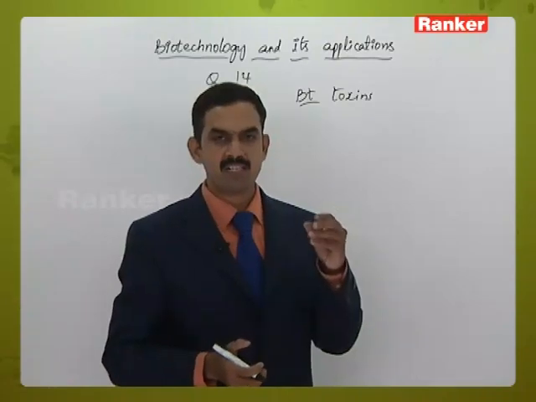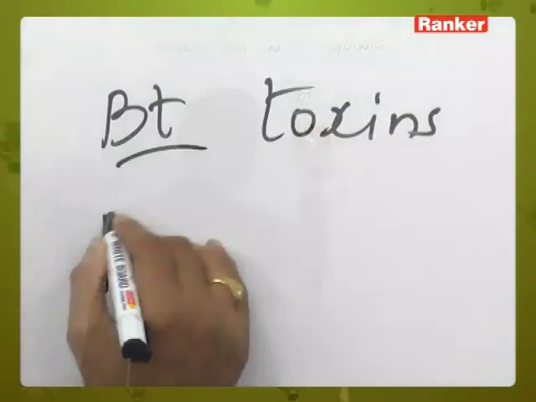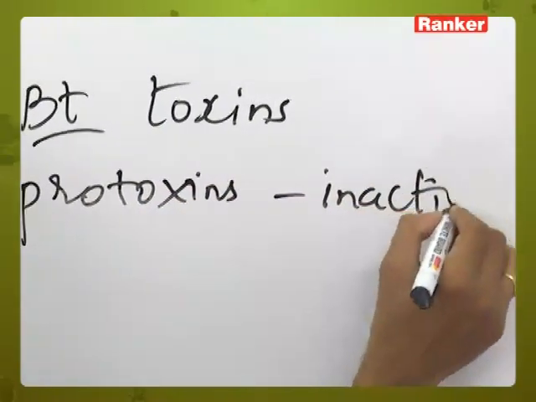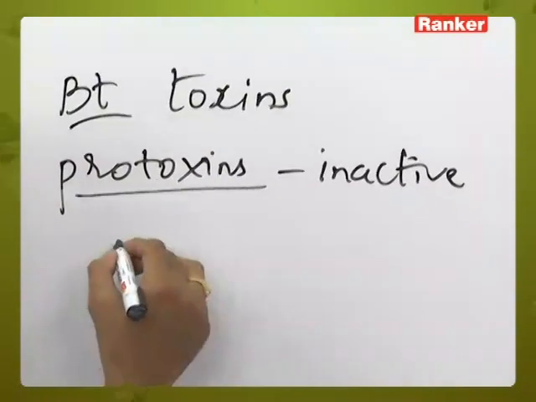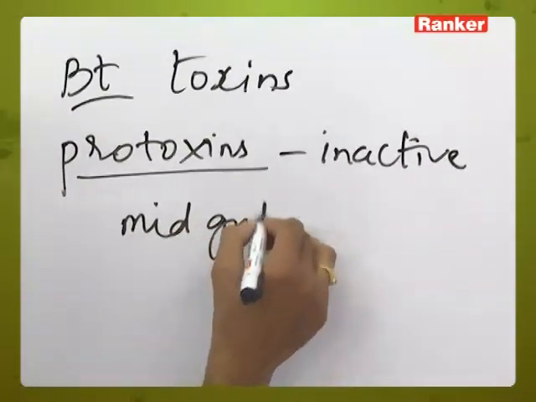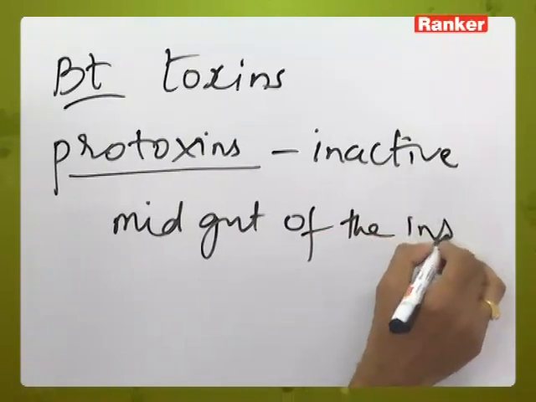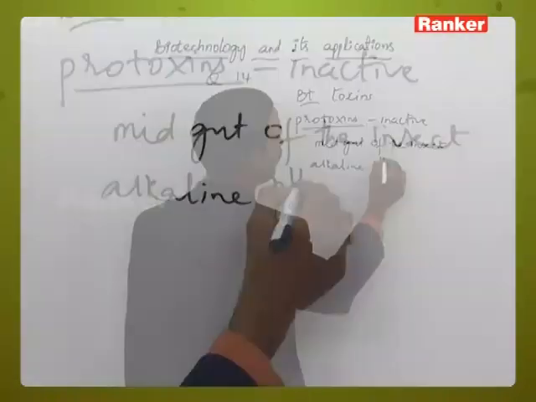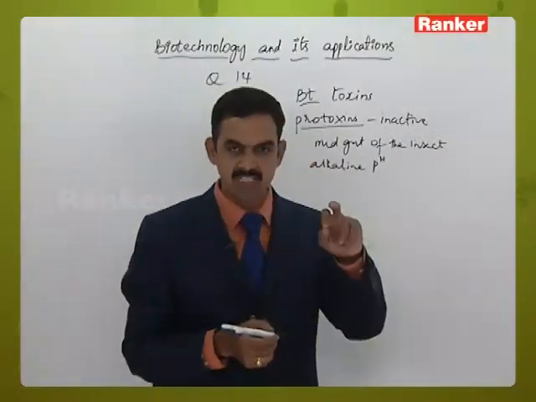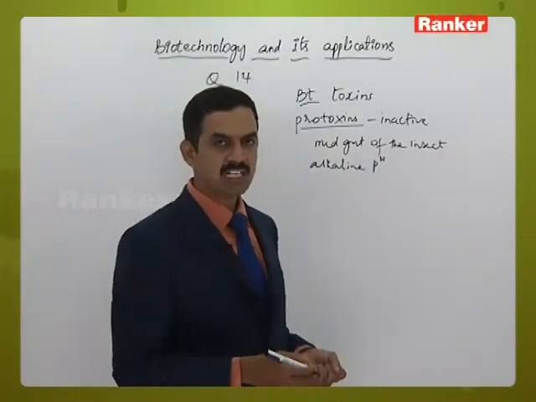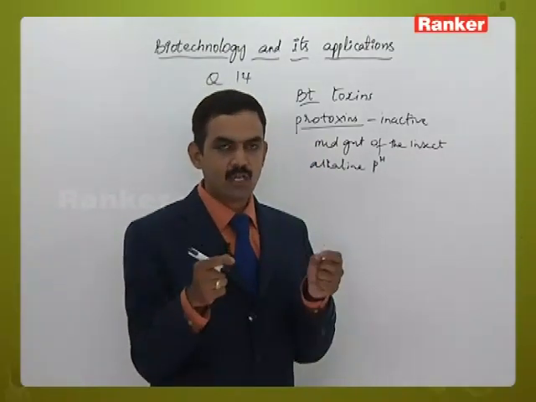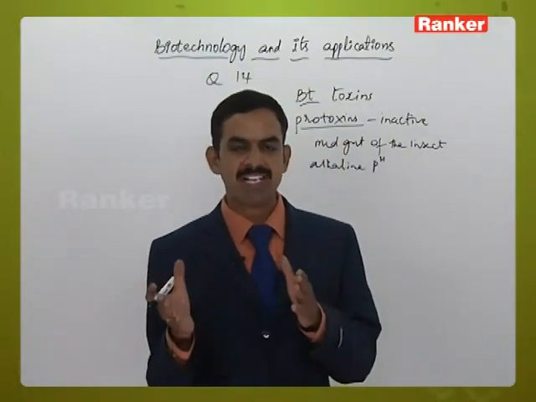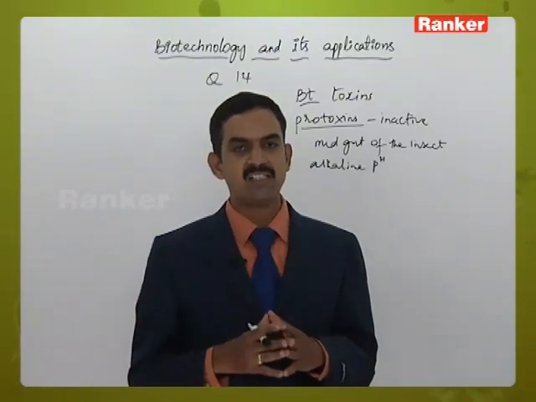The inactive form we call protoxins. When they enter the midgut of the insect, because of the alkaline pH of the midgut, these protoxins become activated and start converting into active toxin. This active toxin acts on the midgut epithelium tissue, gradually leading to swelling of the tissue and killing the entire insect.